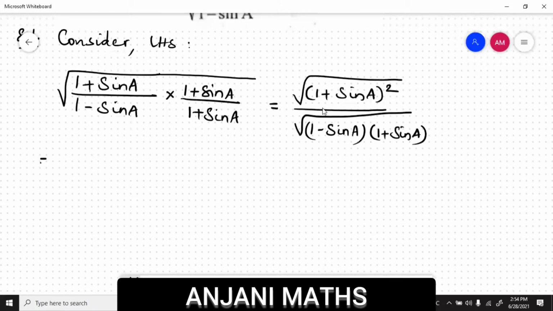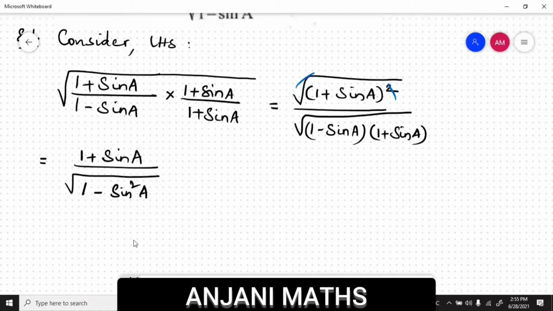That is equal to, this square root and square get cancelled. We have 1 plus sin A divided by square root of, what is A minus B into A plus B? A square minus B square. So we get 1 square minus sin square A.